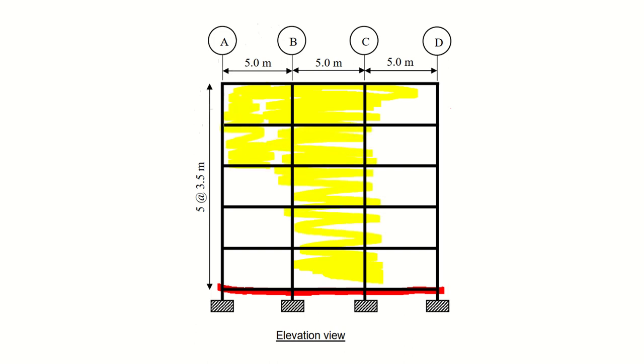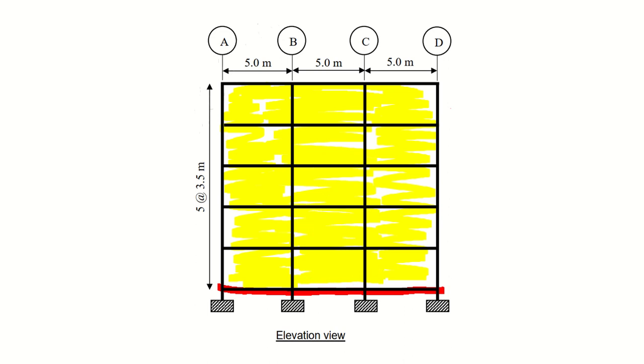Doesn't make sense if we divide it in half, because this part here, the roof floor, doesn't take the load from this wall, right?